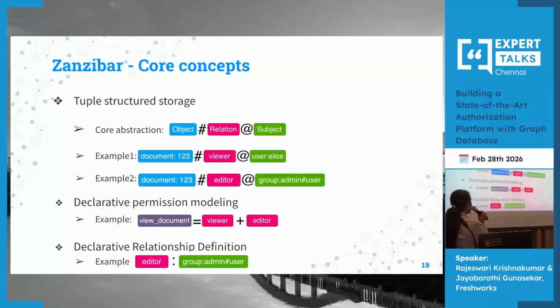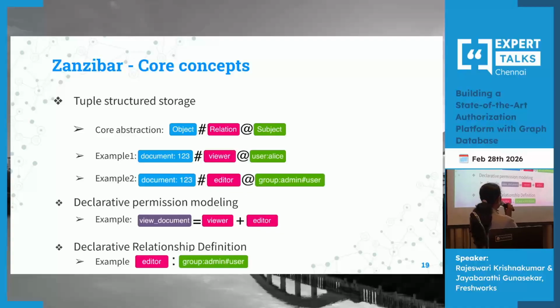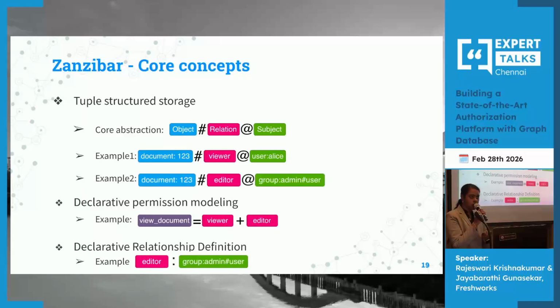So to take an example, let's say a document 123 is there, and how do we decide whether a user has access to this particular document or not? So Zanzibar uses a declarative permission modeling. So if we have to define a permission, it will be a combination of relationships.